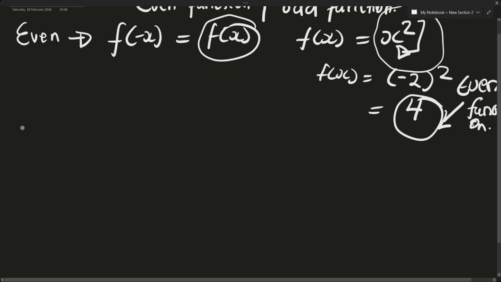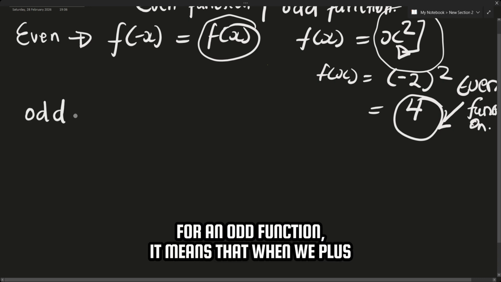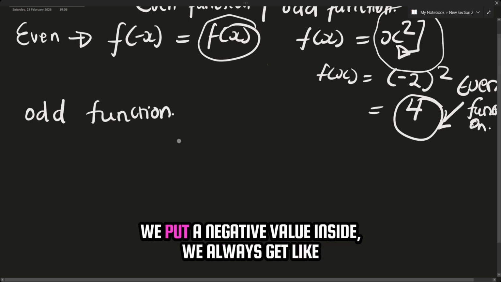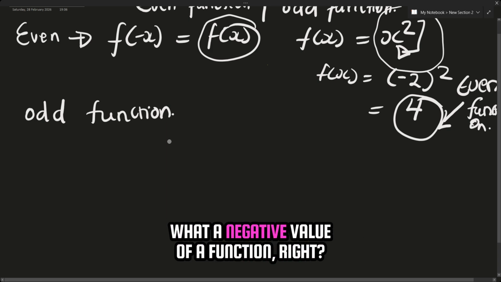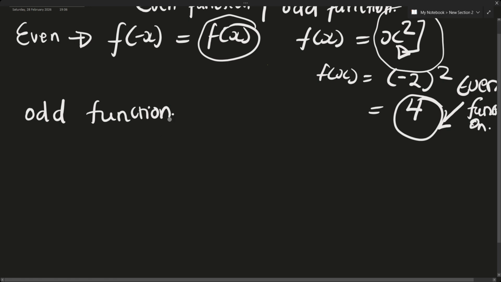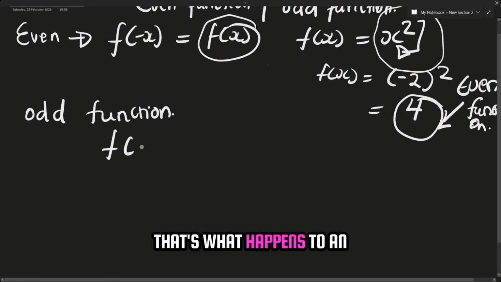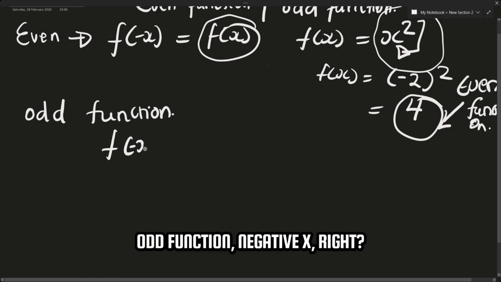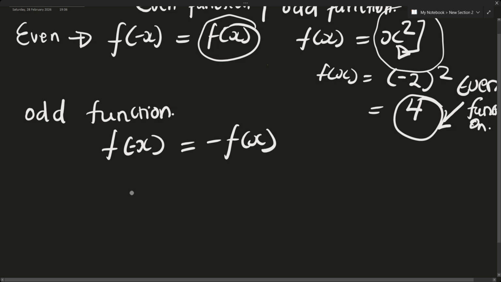For an odd function, it means that when we put a negative value inside, we always get a negative value of the function, right? That's what happens to an odd function. Negative x, right?